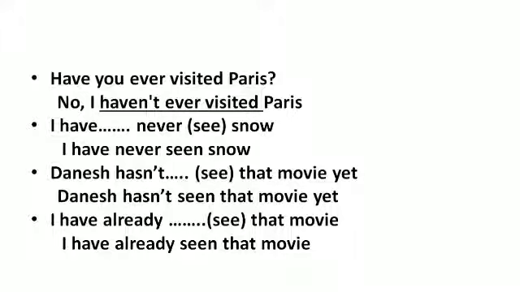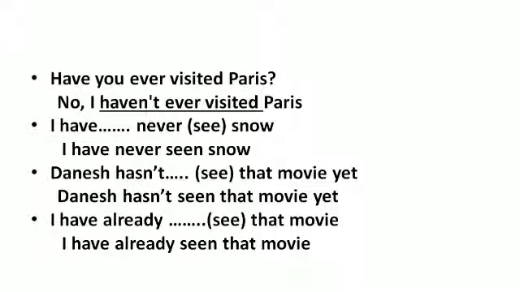Danesh hasn't dash see that movie yet. Here Danesh is a third person singular, so has is used along with Danesh. That becomes a negative, so hasn't. Danesh hasn't seen. See, saw, seen. Seen is the V3 of see. So Danesh hasn't seen that movie yet.